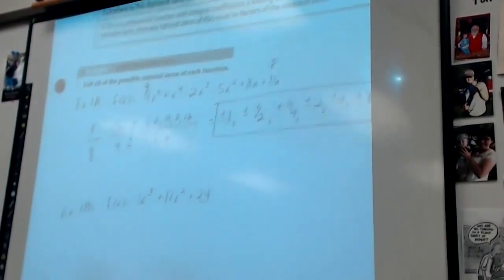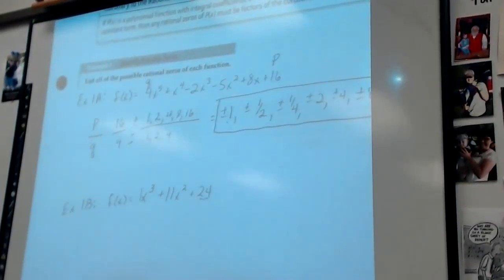We're just listing the possible rationals. All right, so we're going to do P over Q. What's your P? What's your Q? 1. So, what are the factors of 24? 1. And if you want to do them in pairs, you can. 1 and 24. I like to do them like that.